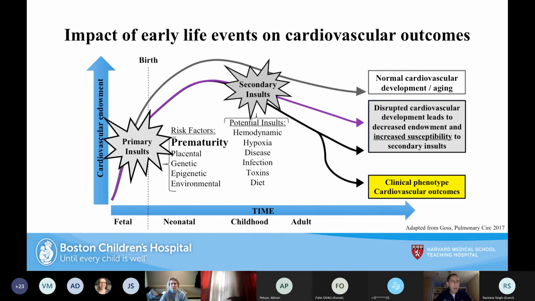So with a further secondary insult, for example, hemodynamic, hypoxia, infection, toxins, or even diet, the clinical phenotype will emerge with cardiovascular outcomes.